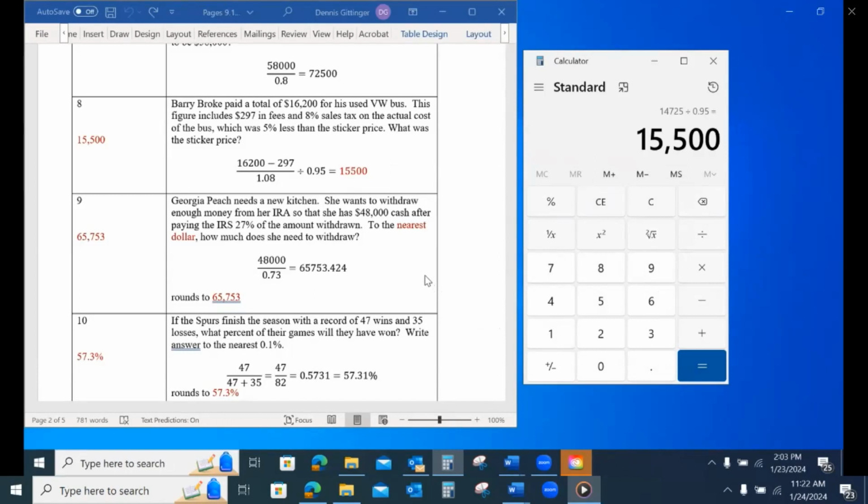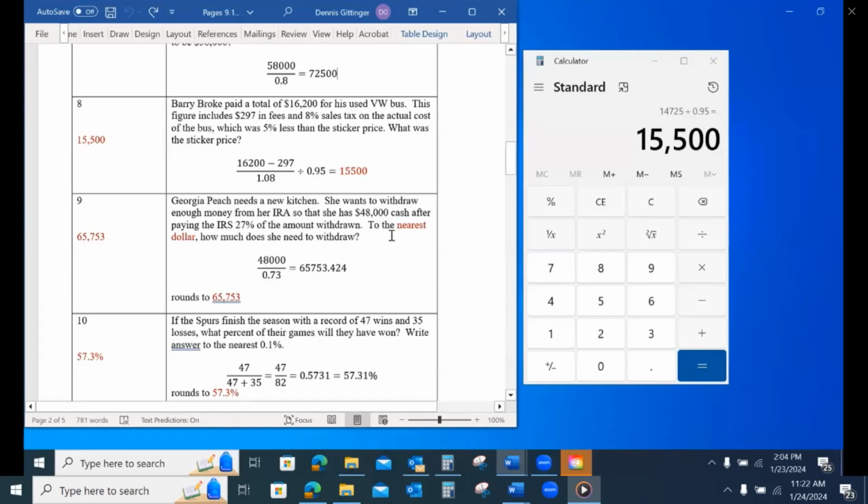Cool. All right, number 9. If you want to take some money out to remodel your kitchen, but you have to pay the government 27% of the amount withdrawn, not 27% of 48,000. You don't know how much is withdrawn, but here's what you do know. If the amount withdrawn is separated into two pieces, the IRS is 27%, and Georgia has the other 48,000.